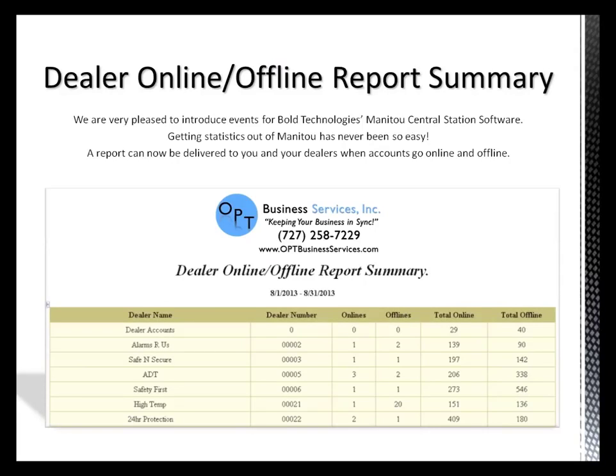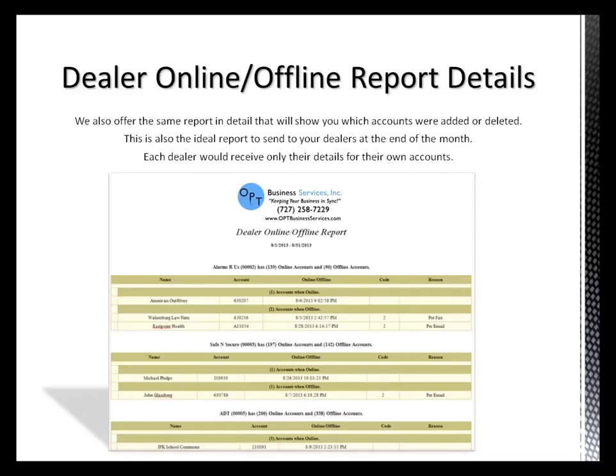We can look at this information as the number of accounts that are in there and the number of accounts that have gone on and offline. We also offer the ability to break that report down by the specific dealer and send in the information to that dealer that is relevant to them. This is a great way to audit the billing, or to send a backup to the master invoice.